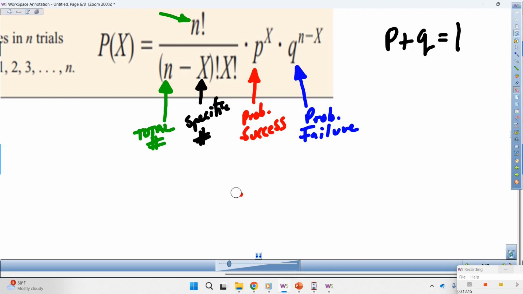Okay. Still another one. Let's see. What if the probability of success was 85%, which is written 0.85? Tell your neighbor the probability of failure. What is the probability of failure?